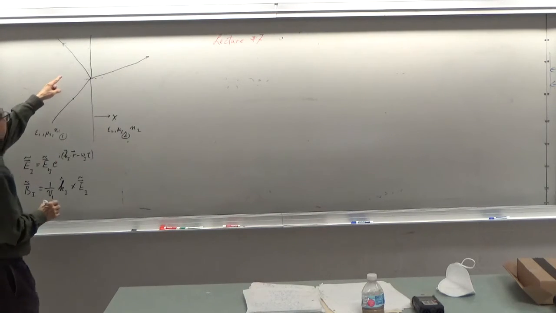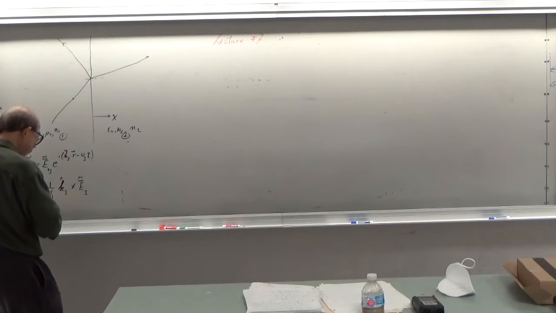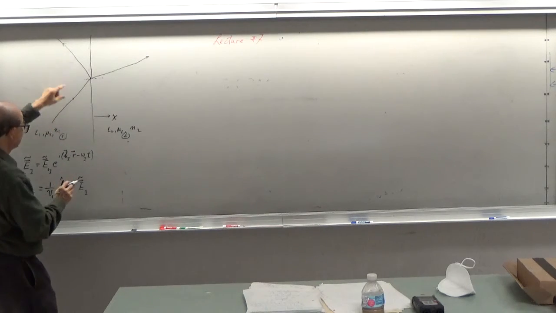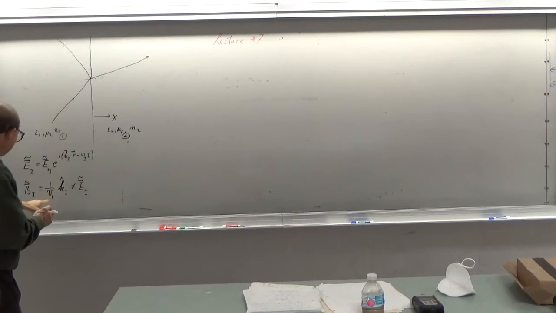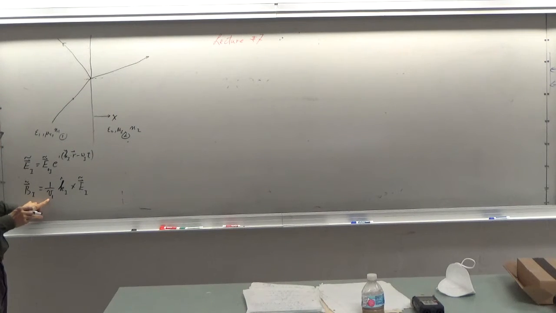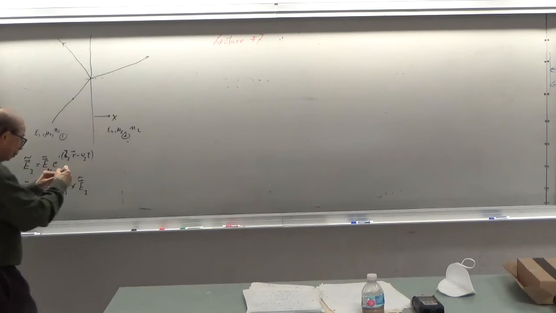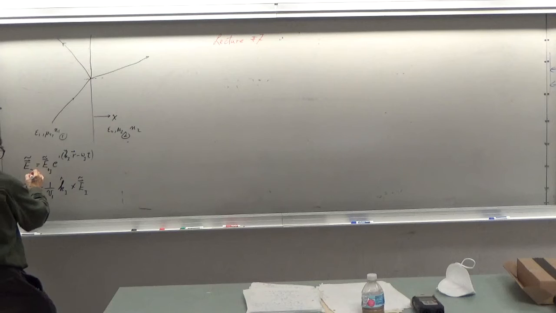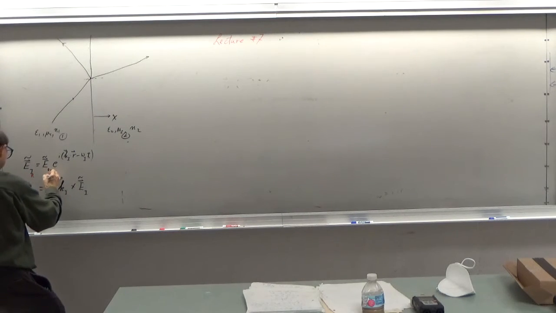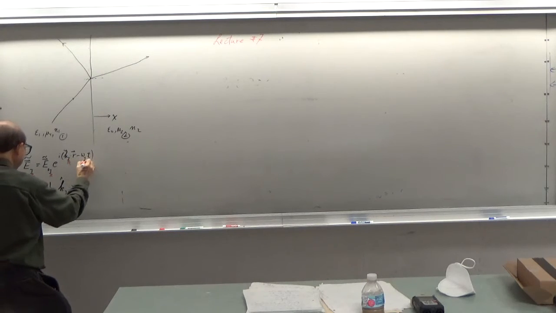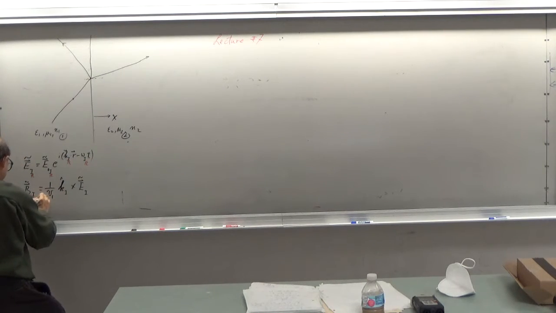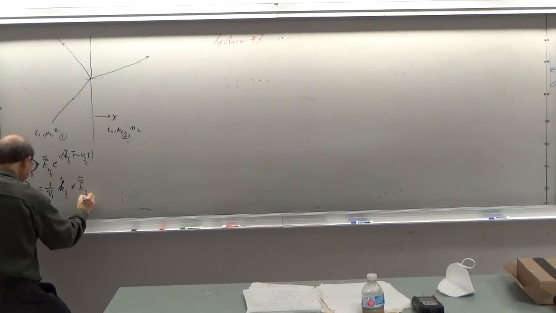And similarly for the reflected beam. Both of these two beams are in the same medium, so they have the same speed of propagation, v1. Let me use the red pen to write down the reflected one. R stands for reflected.